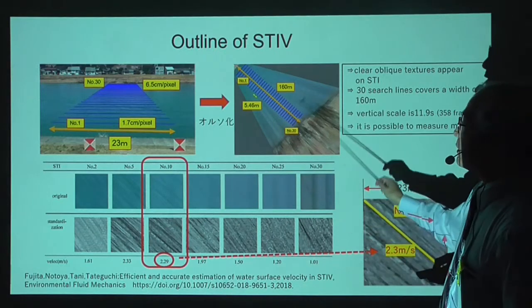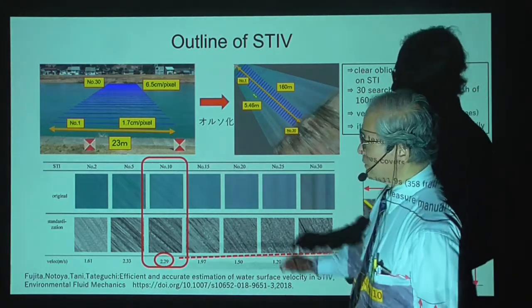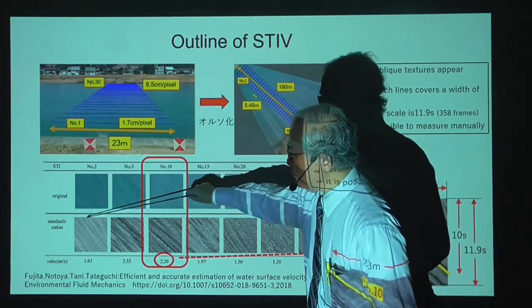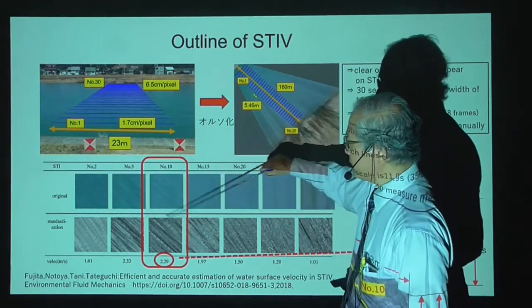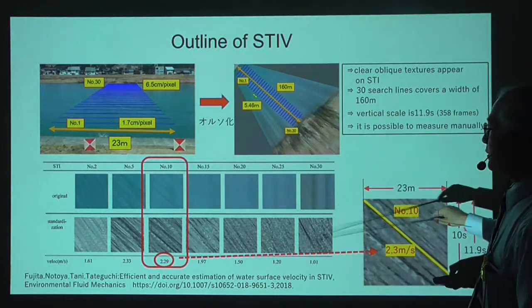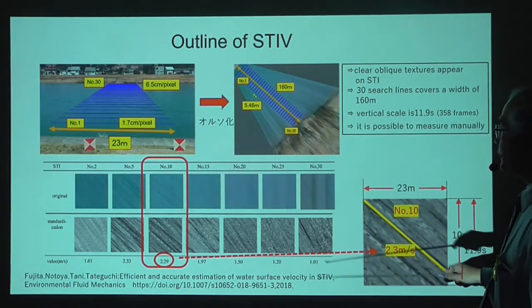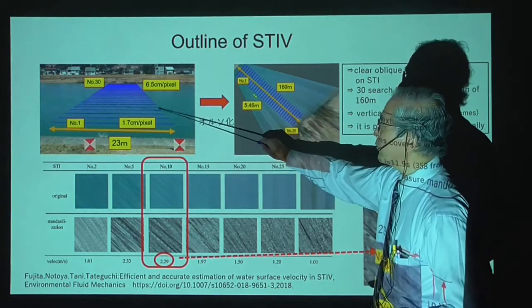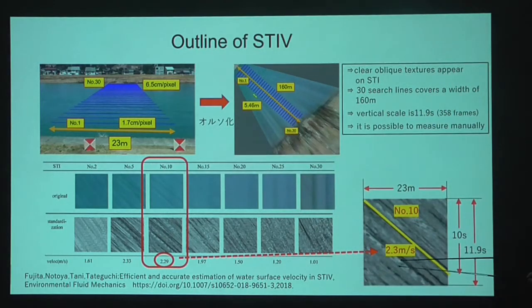And for each search line, we get the space-time image like this. If you enhance the image, we see that striped patterns can be observed for every search line. For example, if you pay attention to number 10, somewhere around here, the striped pattern has this inclination, and the length is 23 meters, and this is 10 seconds.